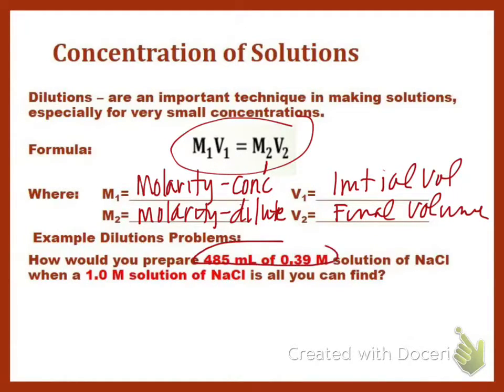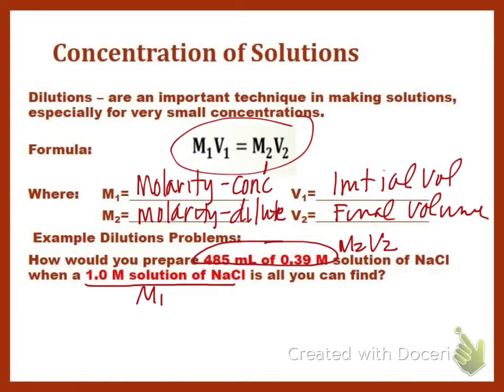These are going to be the M2 and the V2, because your M1 will always be bigger. And so since this is the bigger solution, this is going to be M1. Because your concentrated solution is always going to have a higher molarity. So that kind of makes it a little bit easier to distinguish which is which.